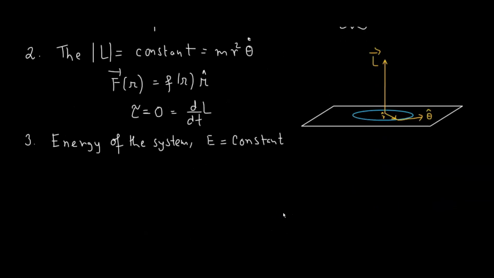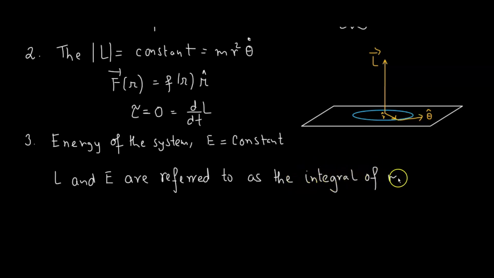Let me write it down. So L and E are referred to as the integral of motion, or sometimes they are also referred to as the first integral of motion.